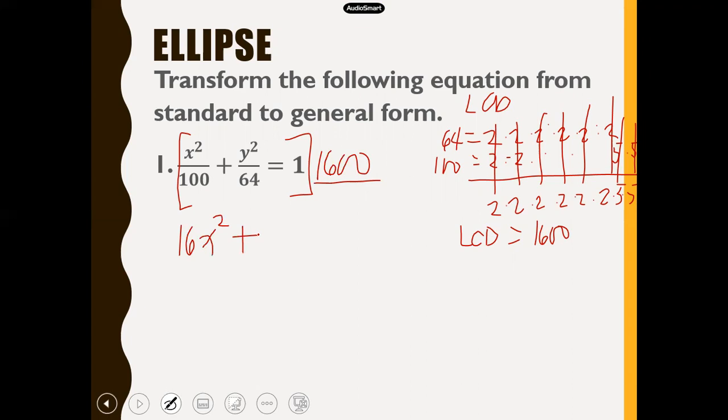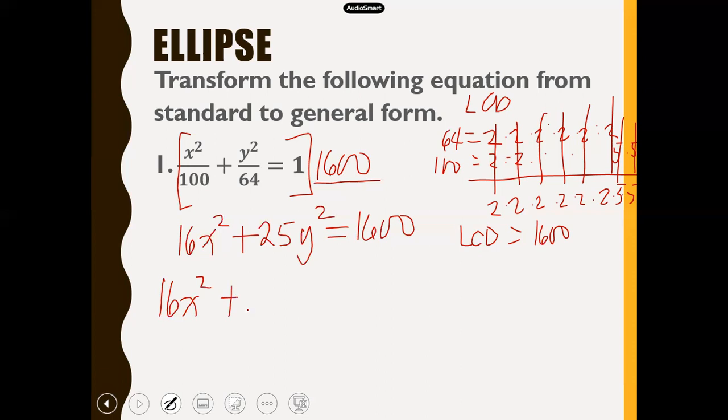So you will get 25. Tapos attach natin yung times y squared equal to 1 times 1,600. That will be 1,600. Okay, so we have to set up into the general form. So 16x squared plus 25y squared minus 1,600 equal to 0.